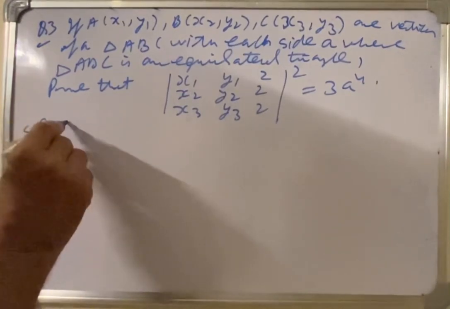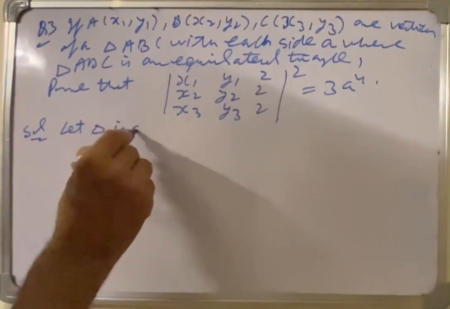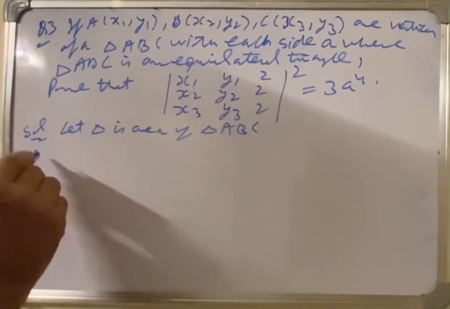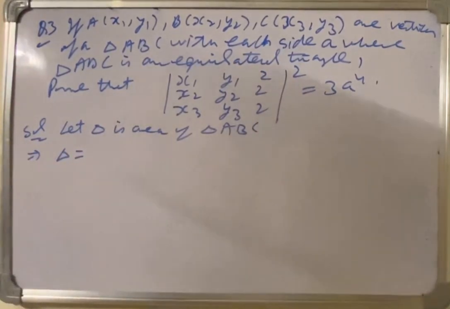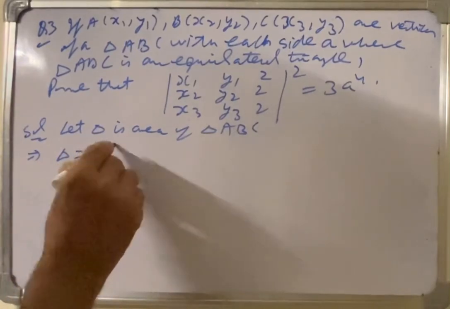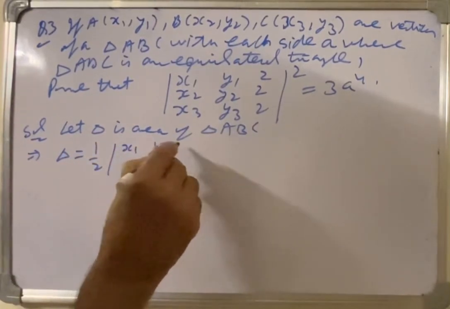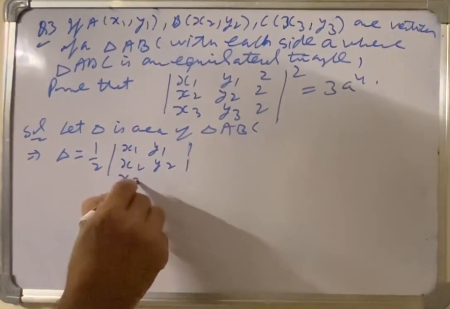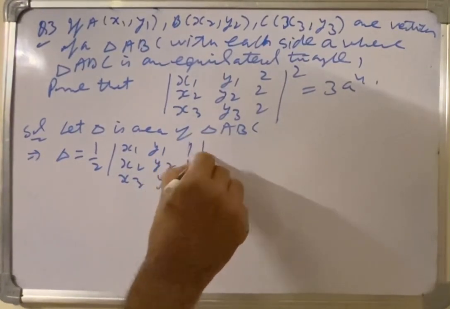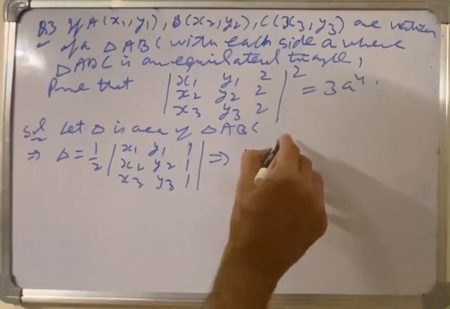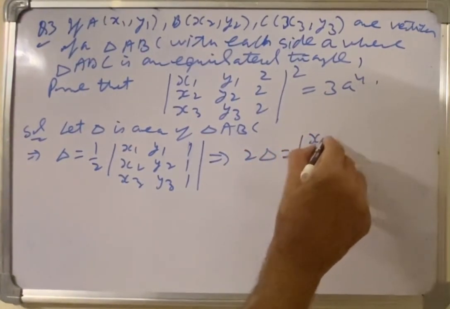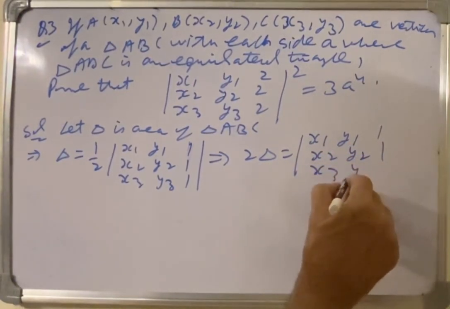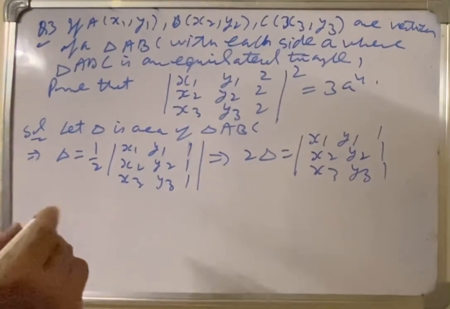Solution: let delta be the area of triangle ABC. This implies delta is equal to half determinant of x1 y1 1, x2 y2 1, x3 y3 1, which implies twice delta is equal to the determinant.